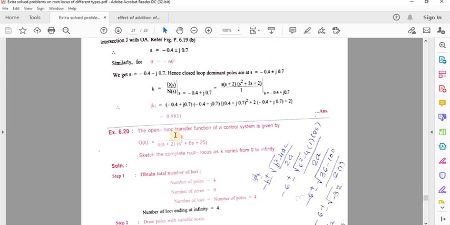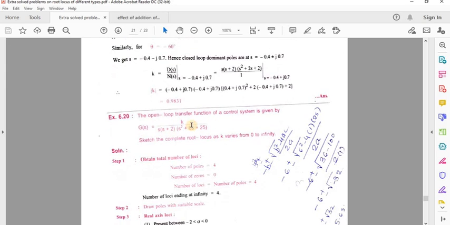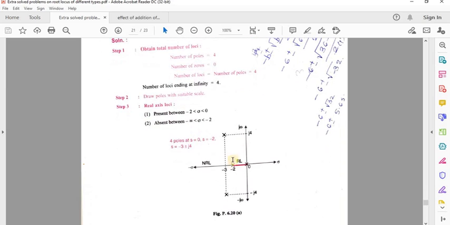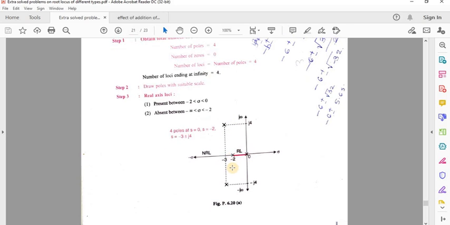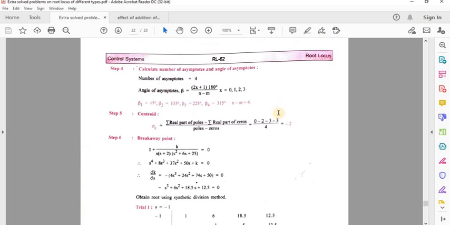Now this kind of example has been given in your assignment, example 6.20. There are 4 poles and zeros are 0. So, a simple example again: 2 real poles and 2 imaginary poles. The loci will end between the 2 real poles. There are 4 asymptotes, and the centroid will be at minus 2.